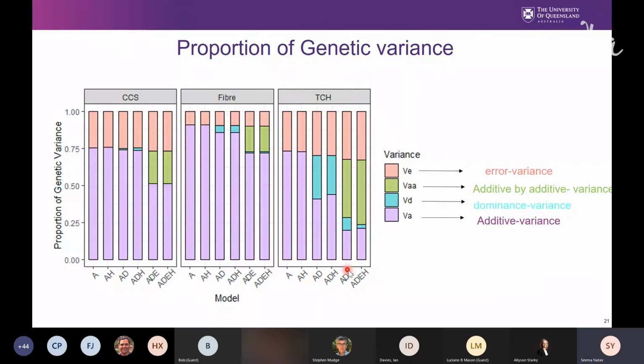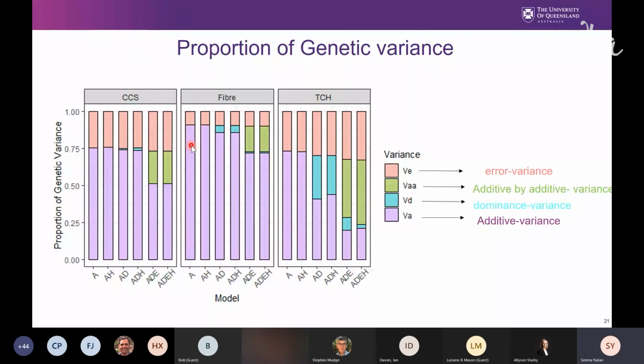By including the epistatic in the model, the dominance variance decreases. We were amazed to see that most of the genetic variation in the TCH comes from the epistatic, which I will say is the second order additive interaction effect. And the residual remains constant in whatever model we use.